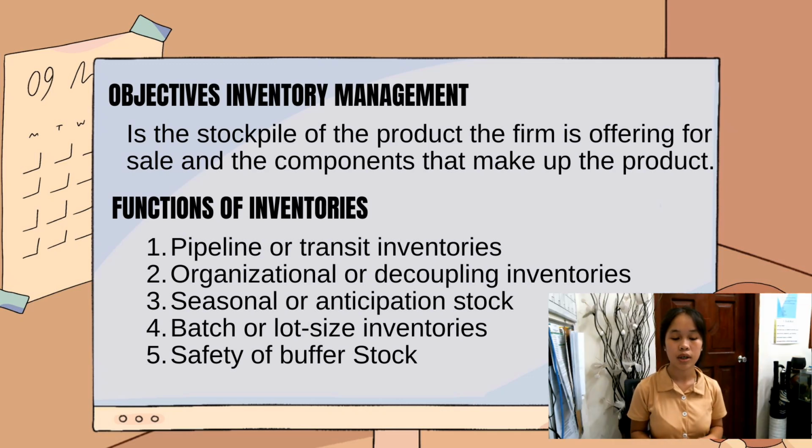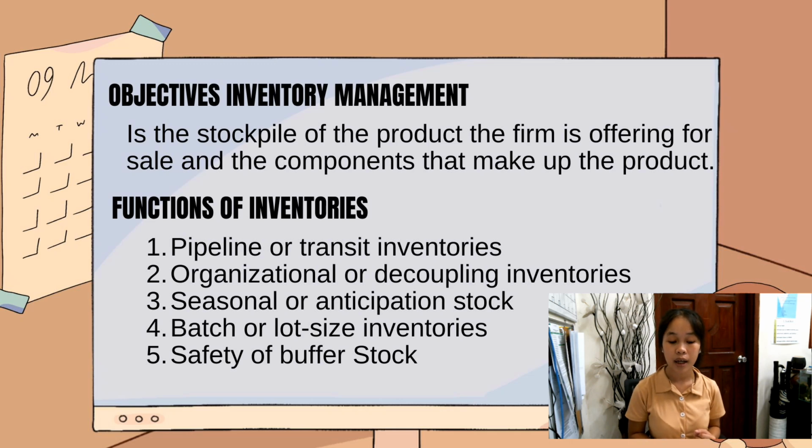Functions of inventories. Inventories in the form of raw materials, parts and components, work in process, or finished goods may appropriately be considered as the lifeblood of the production or distribution system. Within the system of production and distribution, the following functions and uses of inventories can be identified.